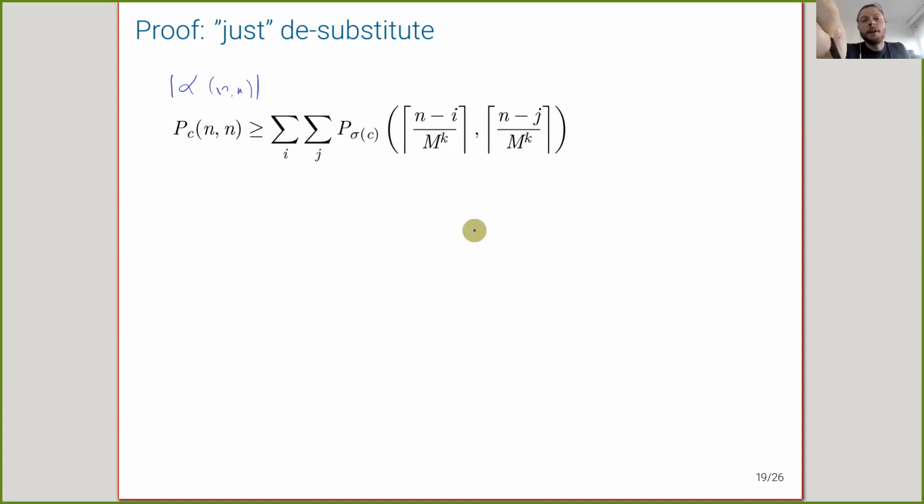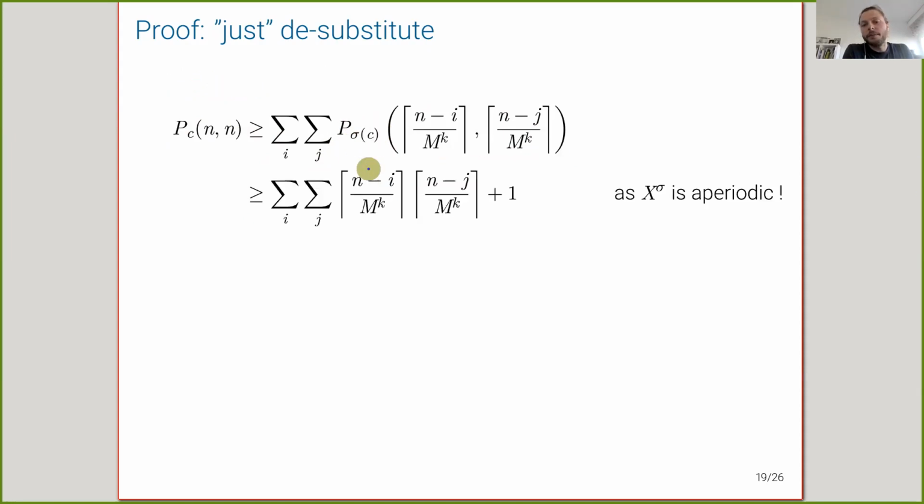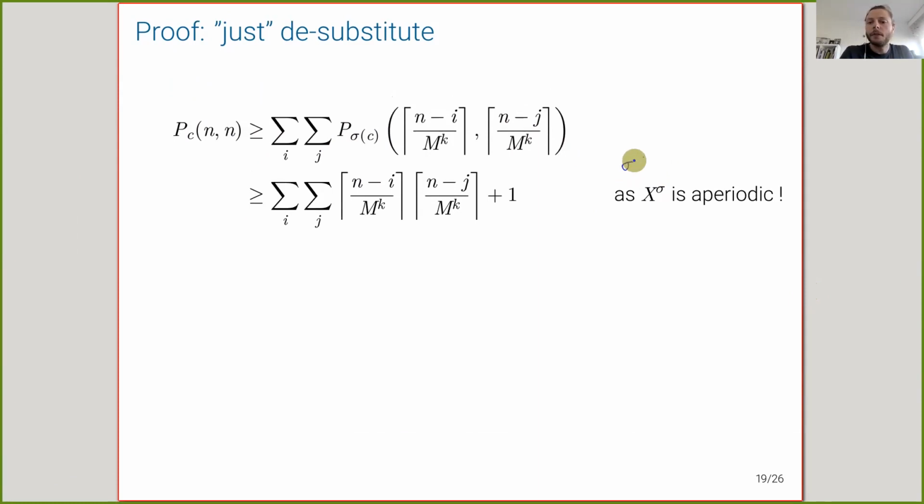And the thing is that now that I have this sum, I can have a bound on this complexity, because sigma of C is in X sigma. So I know that this configuration sigma of C is aperiodic, is not periodic.